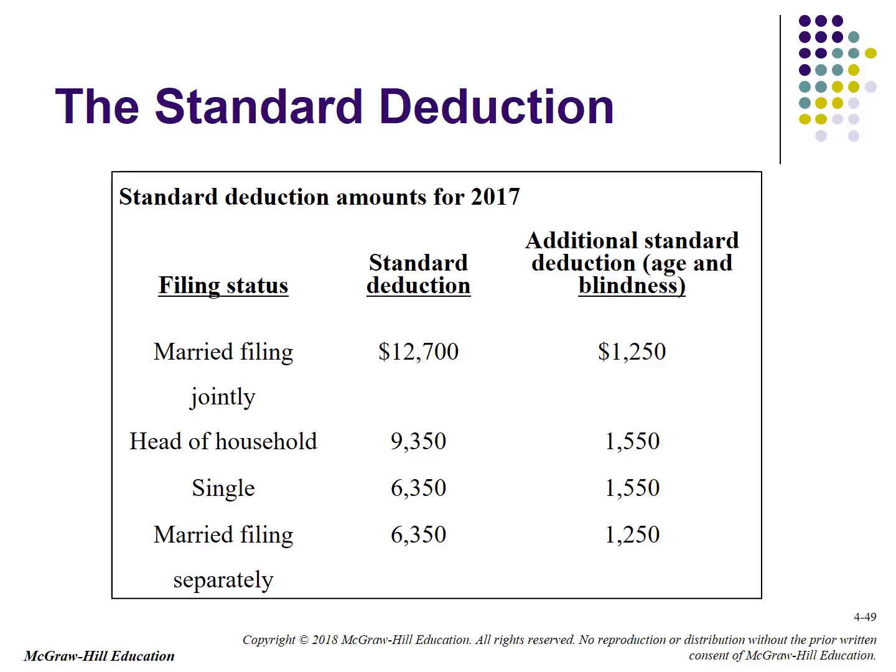If both spouses are 65 or over, they would add it twice. Blindness also qualifies for an additional amount to the standard deduction. So if both spouses are blind and 65 or over, they would add $1,250 four times to their married filing joint basic standard deduction.